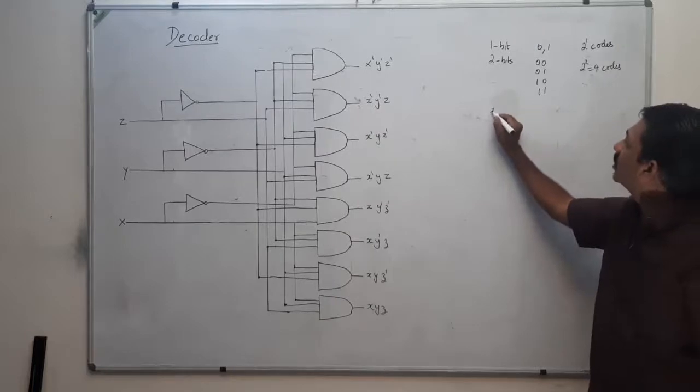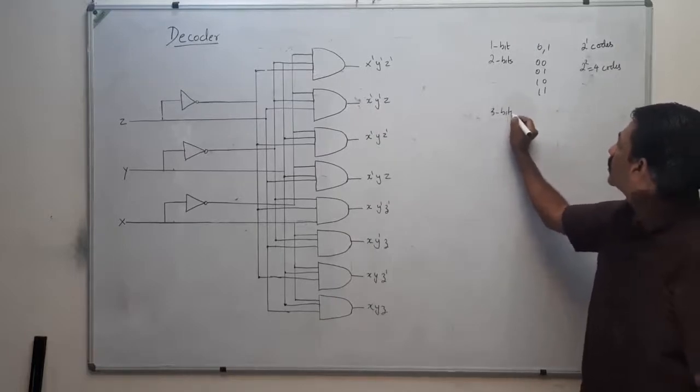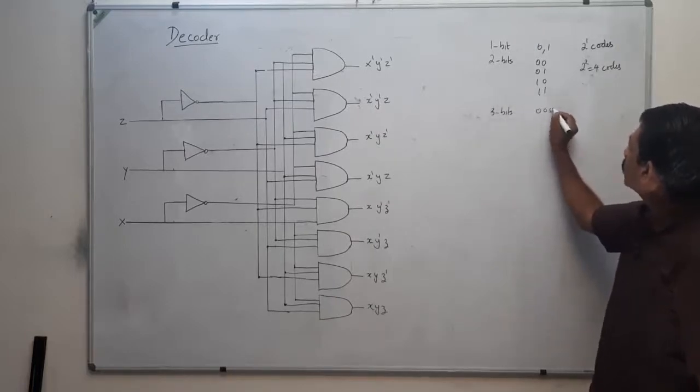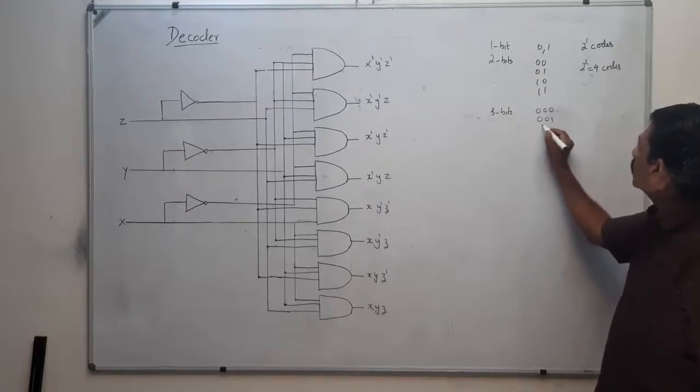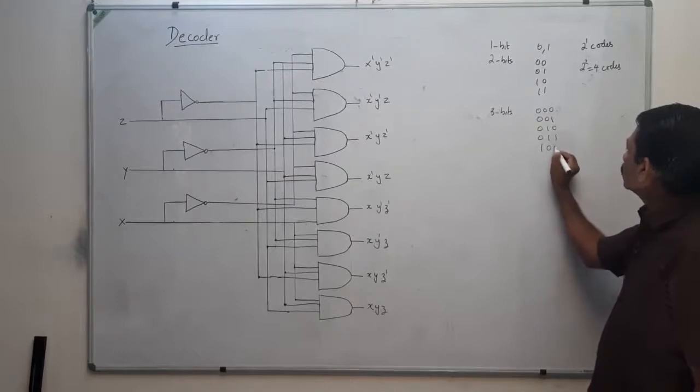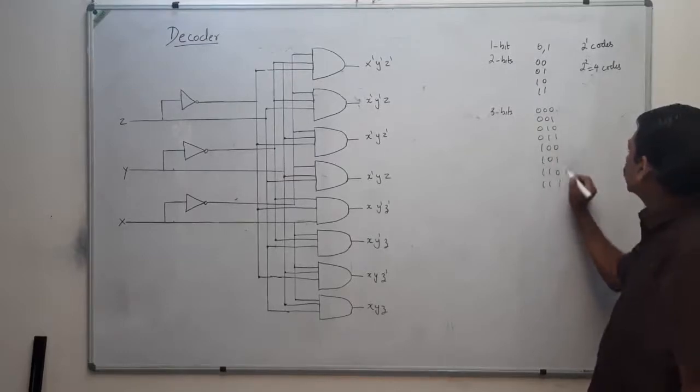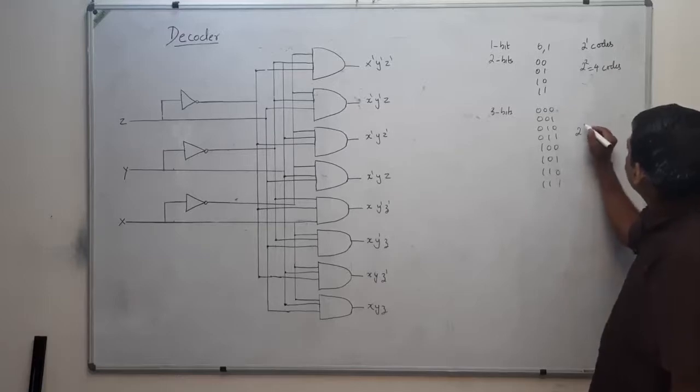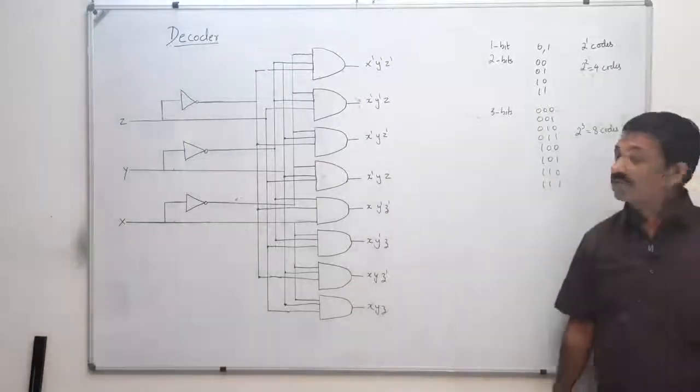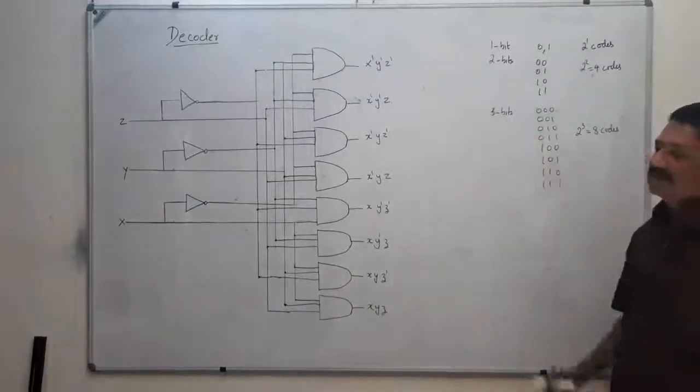If we are using 3 bits, then 0 0 0, 0 0 1, 0 1 0, 0 1 1, 1 0 0, 1 0 1, 1 1 0, 1 1 1. 2 cubed is equal to 8 codes possible.